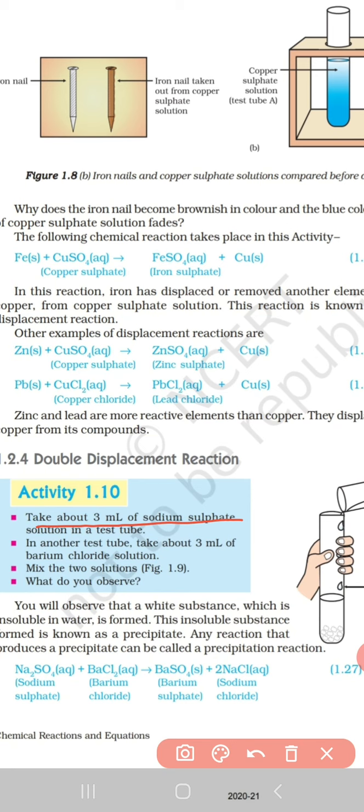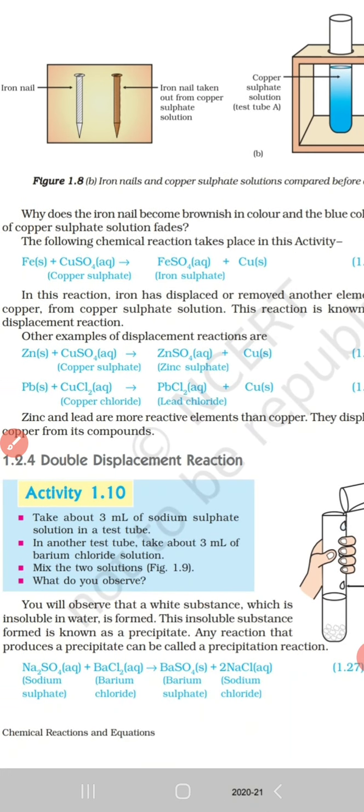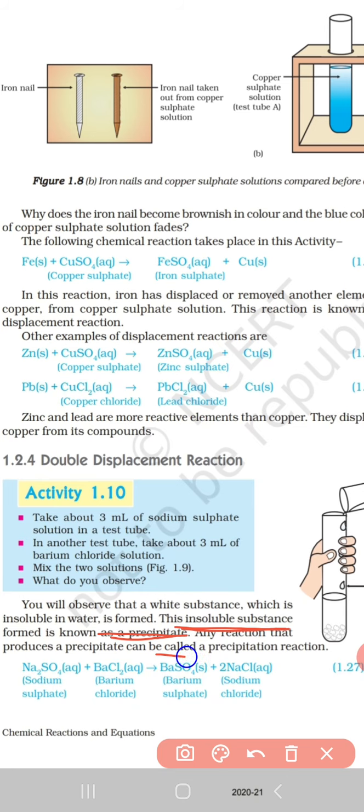In another test tube, take 3 ml of barium chloride, and mix them with each other. What will we observe? We will observe a white substance which is insoluble in the solution, and such a substance is known as a precipitate, and such a reaction is known as a precipitation reaction.